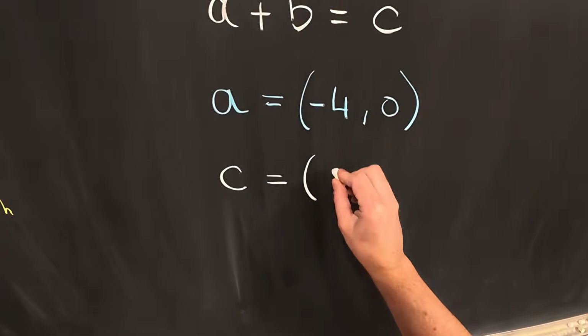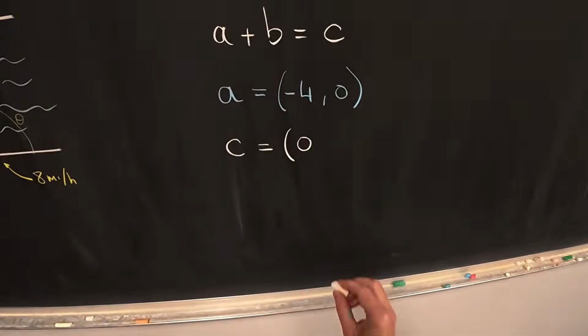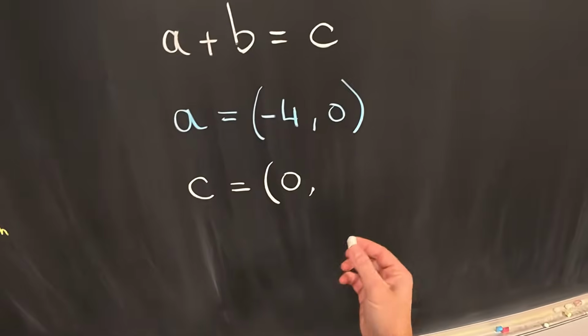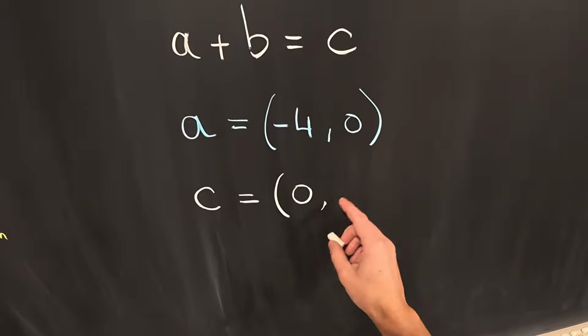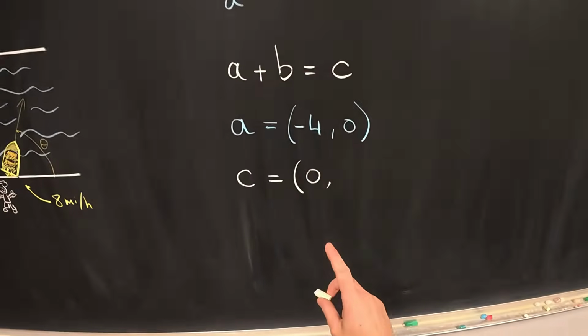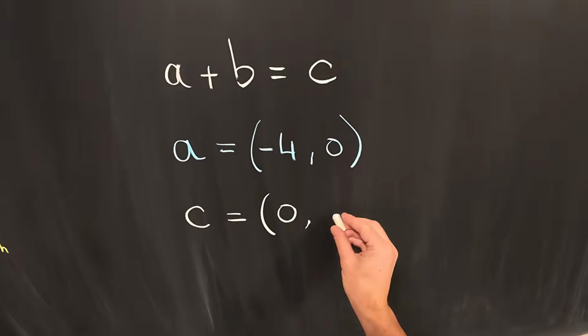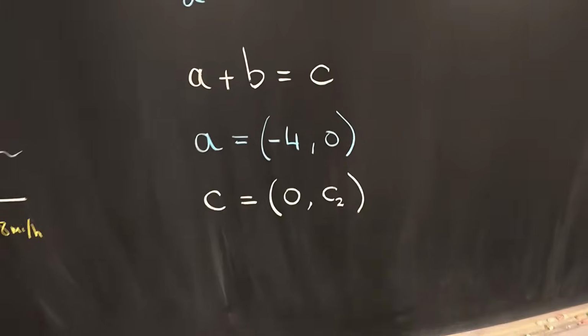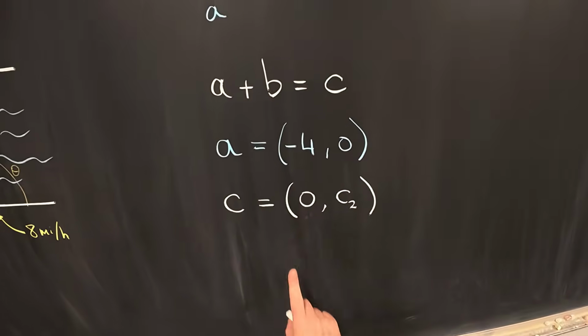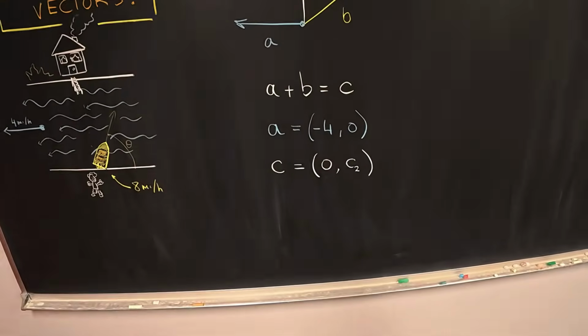So what I want is that the vector C is 0, and then some other value. I actually don't care how fast I'm going in the south to north direction. I just want this coefficient to be 0, so I know it is a vertical vector.